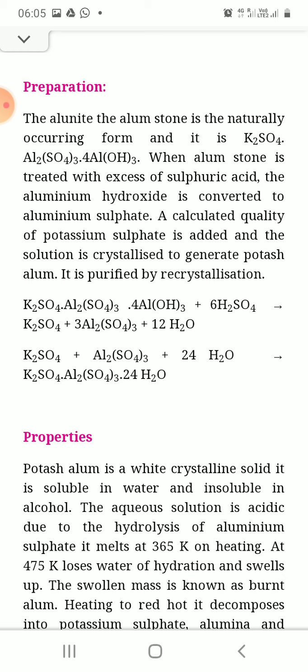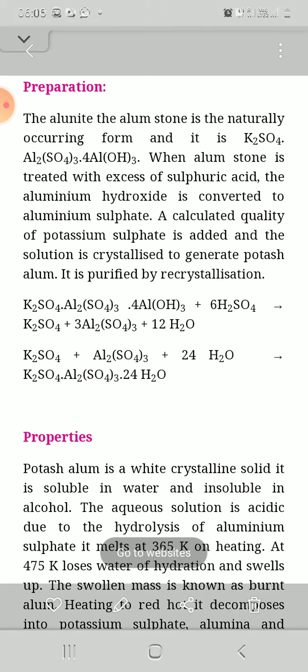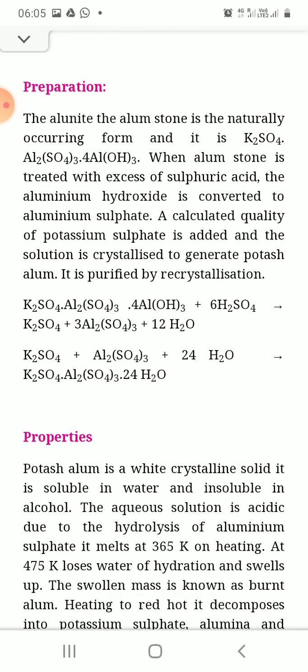So potash alum is prepared from alum stone. The formula K2SO4 Al2(SO4)3 4Al(OH)3 reacts with excess H2SO4 to form K2SO4 plus Al2(SO4)3 plus 12H2O. So we can write K2SO4 Al2(SO4)3 24H2O like that.